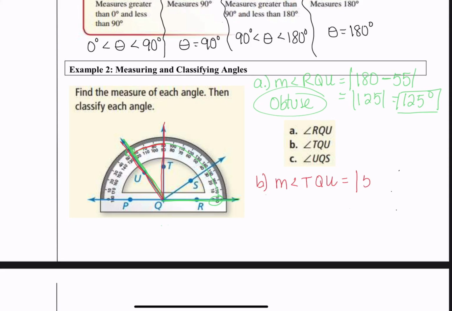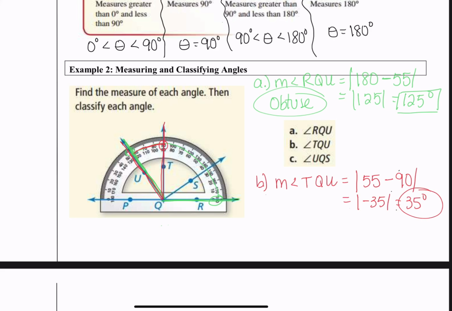How about I put that one first? And I'm going to subtract from it. It looks like this ray, QT, is intercepting 90 degrees. And 55 minus 90 is negative 35. So it's the absolute value of negative 35. Or in other words, that's 35 degrees.